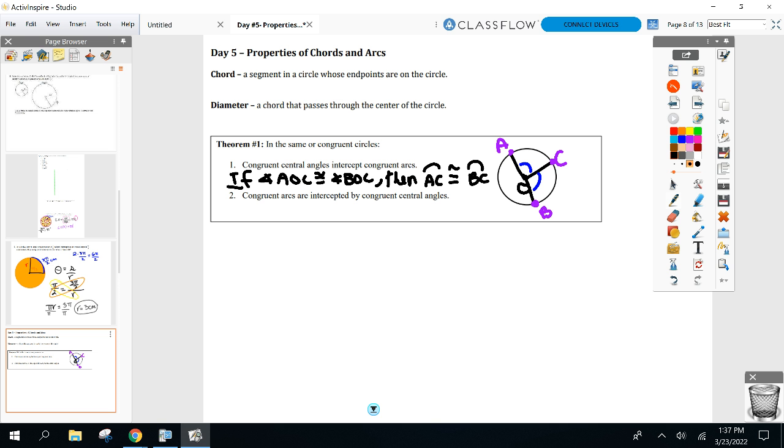If the angles are equal, so are the darn arcs. There's theorem number 1. And we're not going to write anything under theorem 2 because theorem 2 is the reverse. If I give you the arcs are equal, so are the central angles. Not too bad? Central angles are congruent, so are the arcs across from them. All good? There's theorem 1. Theorem 2.